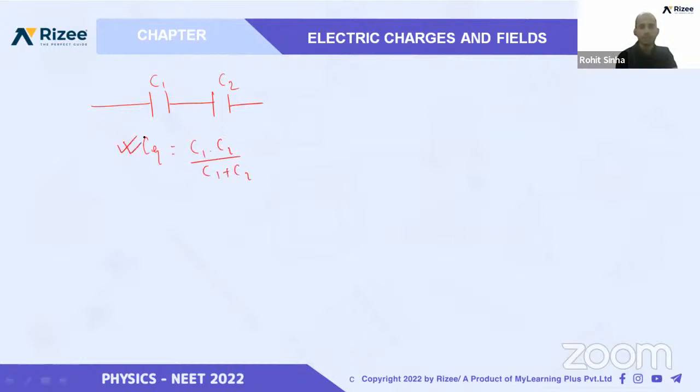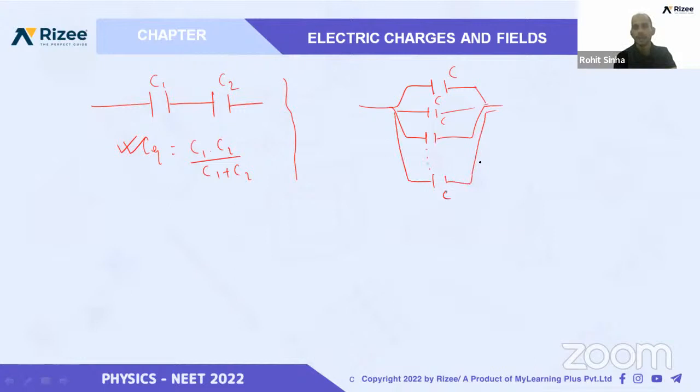You should remember this always as a shortcut. The second shortcut is: if we have capacitance C, n times, then the equivalent capacitance is equal to C by n. These formulas are valid for resistance also.